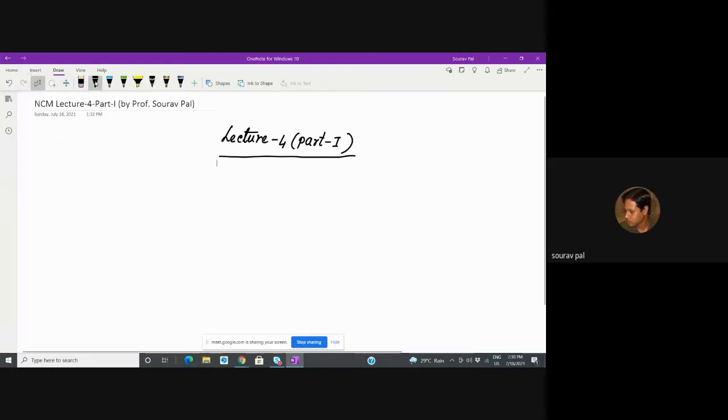So we have defined a branch of logarithm in the previous class. So what was that?